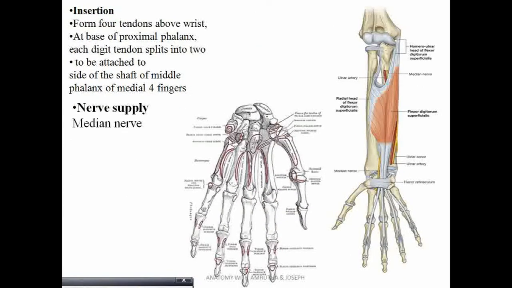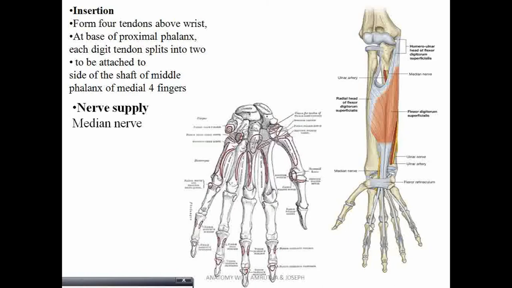Insertion: the belly divides into four tendons above the wrist, and at the base of the proximal phalanx each digit has a tendon. So there are four tendons, and they go to the four medial fingers. Now let's talk about one tendon.